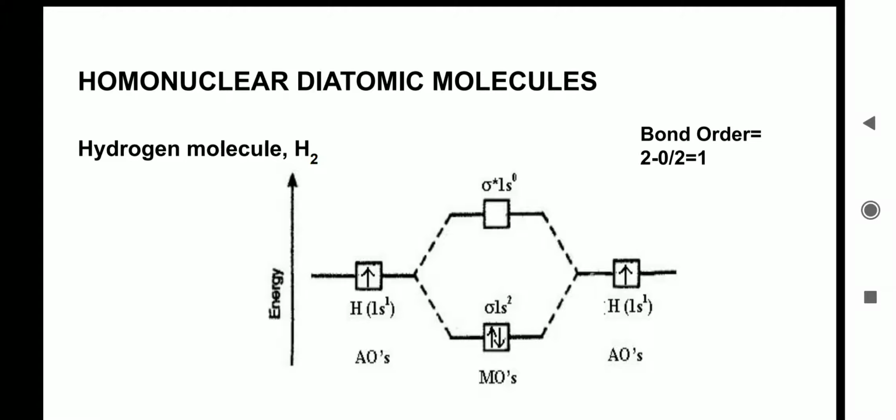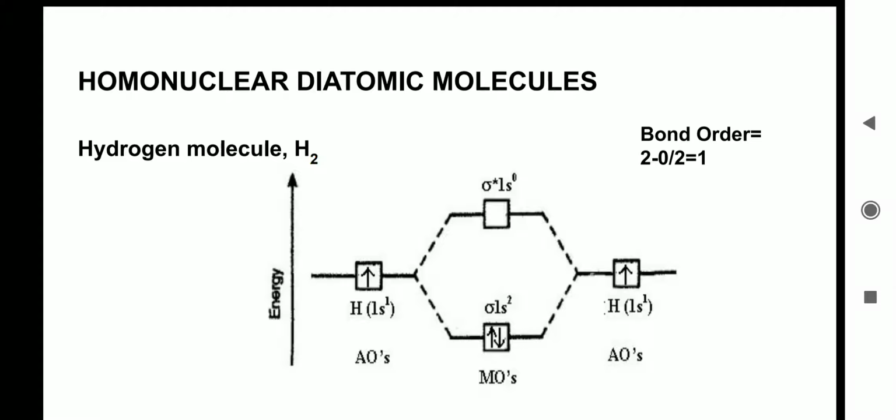Now, since the bonding molecular orbital has lower energy, both the electrons will enter into the sigma 1s orbital. This is as per the Aufbau principle and Pauli's exclusion rule. Hence, the molecular orbital configuration of hydrogen molecule will be sigma 1s2.